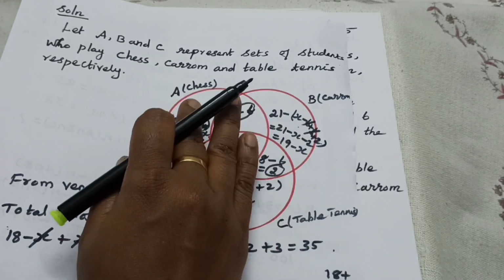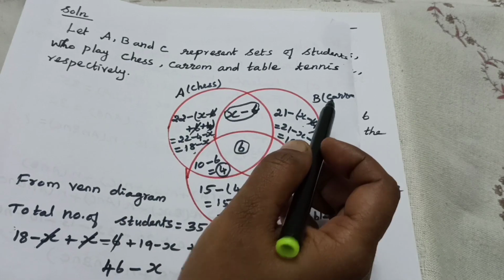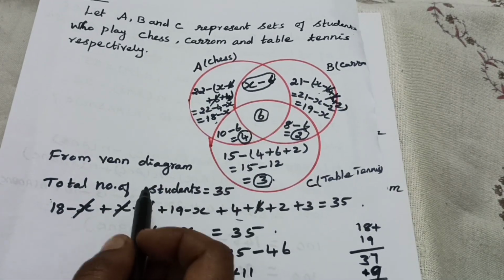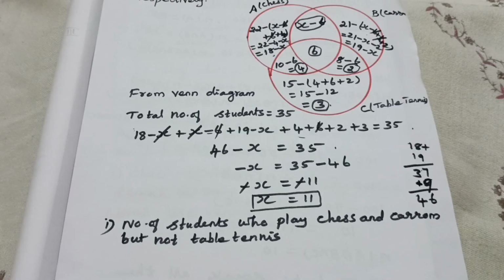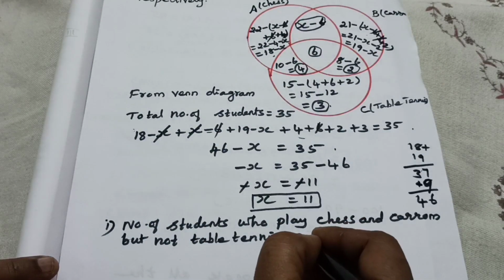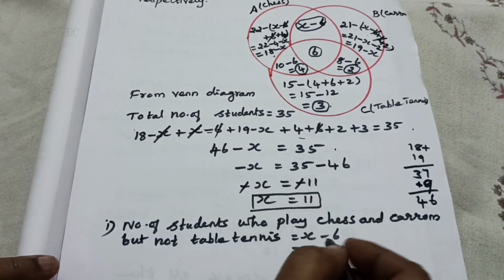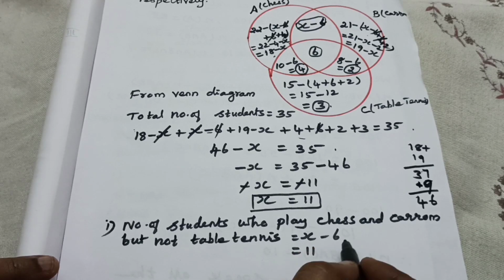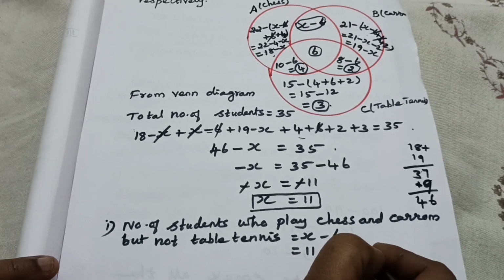Remaining means here X minus 6, chess and carom. Okay, first question answer is what? X minus 6, isn't it? Then X minus 6, in place of X we have to substitute 11 minus 6. 11 minus 6 is what's the value? Then 5.